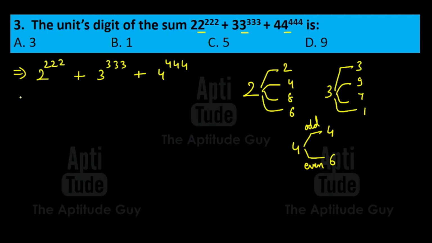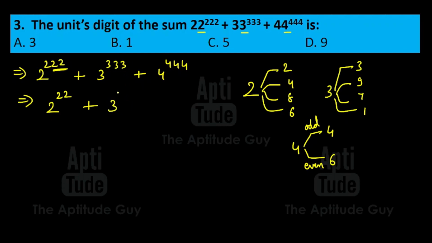Now, further simplification is what? 2 to the power, we only care about the last 2 digits because 2's power cycle has 4 terms. So we have 2 to the power 22 plus 3 to the power 333. 3 has a power cycle of 4 terms again. So we have to divide by 4. So again, we care about the last 2 digits only.